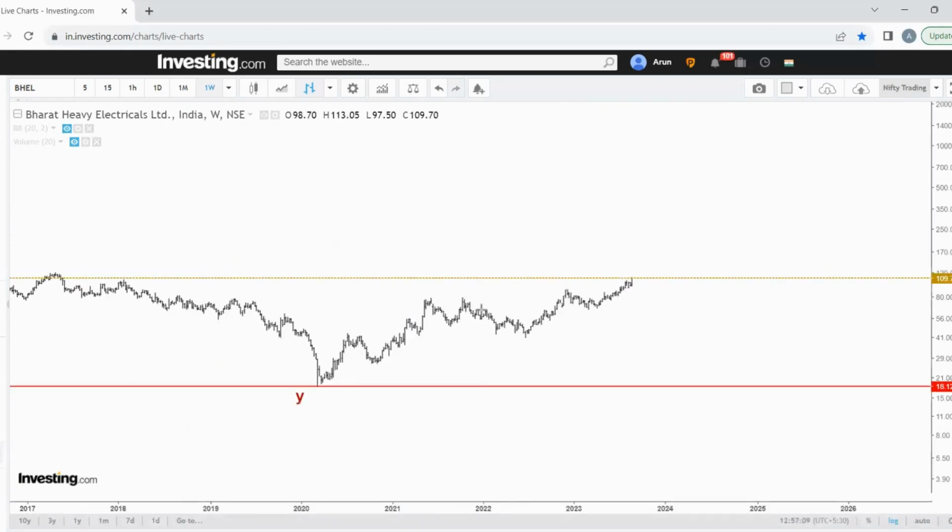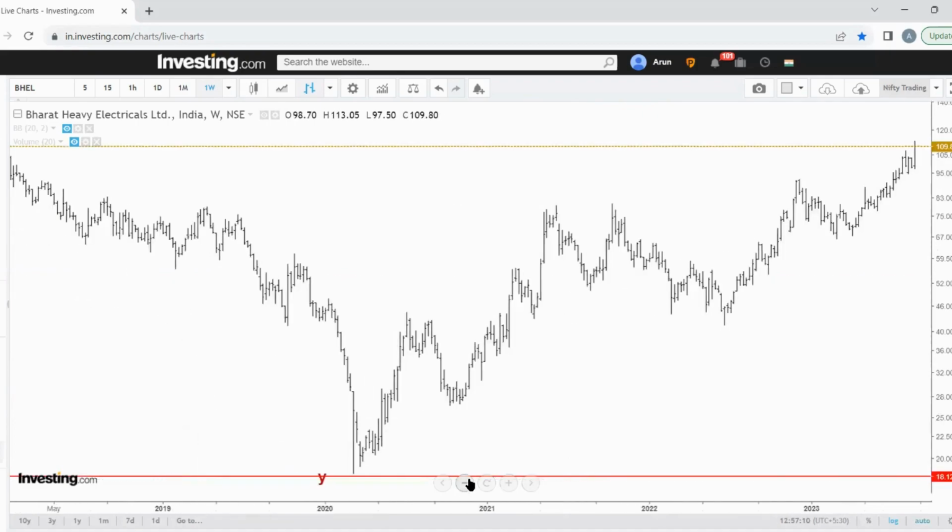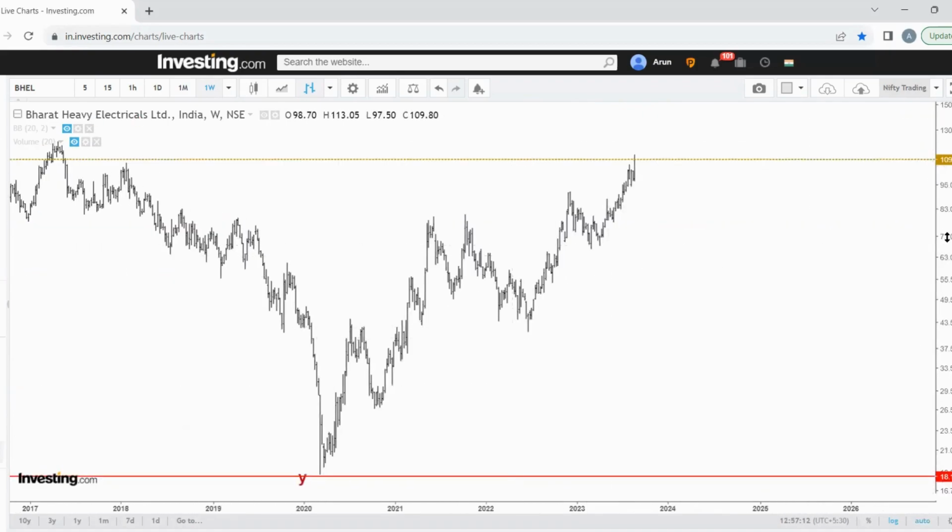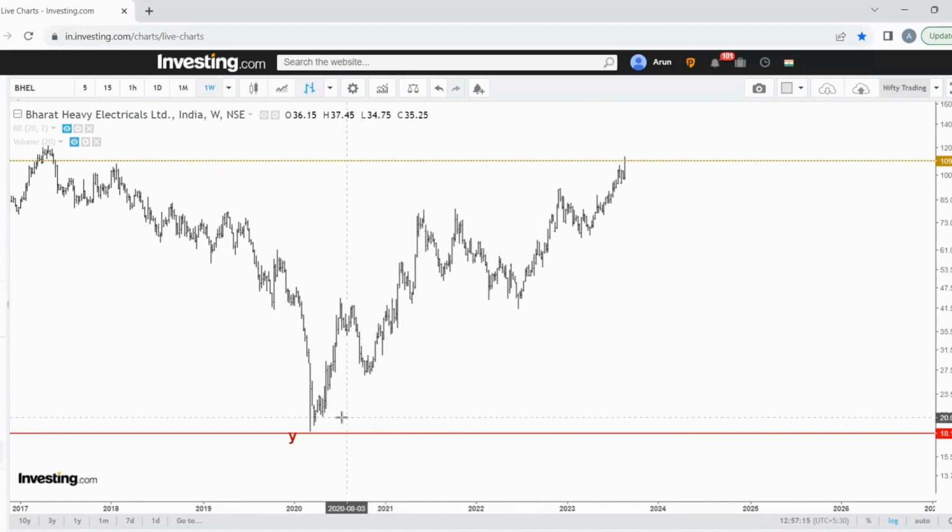I'll move to the weekly chart. In the weekly chart, it can be 1, 2, 3, 4, 5. In analyzing your Elliott waves, give importance to the personality of the waves.